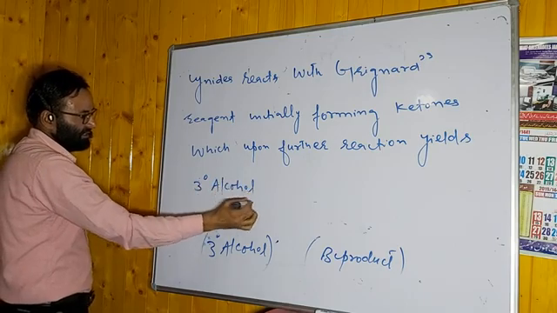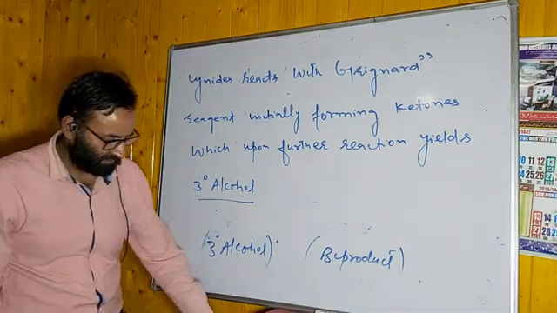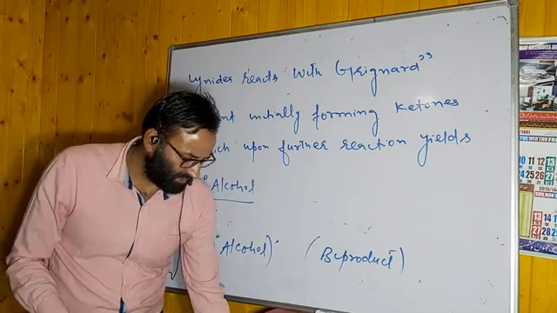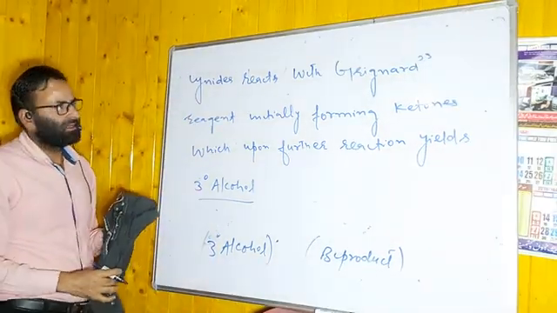Upon further reaction, they yield 3 degree alcohols. Remember this point. This was about the chemical properties of these cyanides.